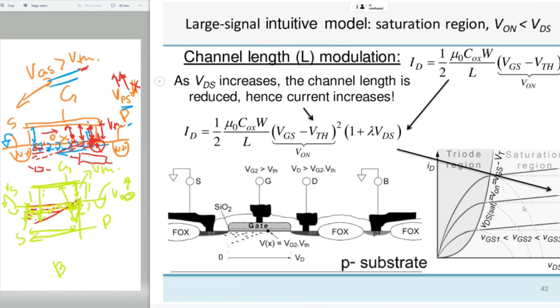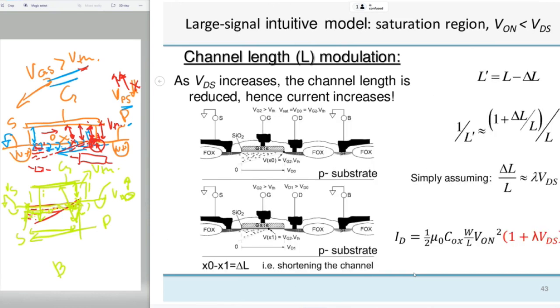And this is how it looks with the transistor cross-section with the pinch off of the channel. I'm just recapping here the things that we had one month ago in semiconductor physics and materials. Because the channel became a little bit shorter, its conductivity increases a little bit. If you model the reduction of the channel by delta L, you can then derive this linear dependence and simplify to a linear dependence on the drain-source voltage with this lambda.